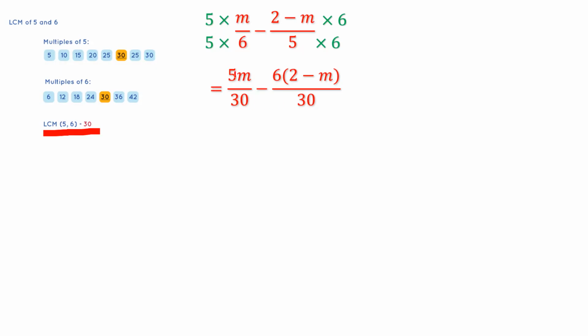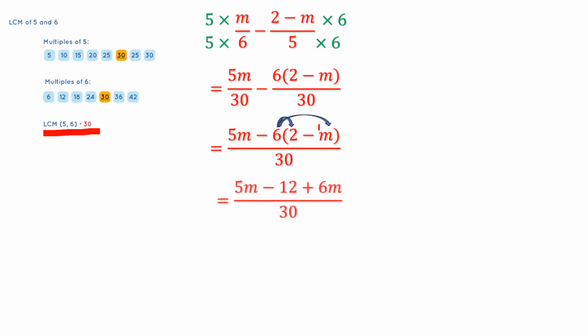5 times m is 5m. And 6 times 2 minus m is 6 times 2 minus m, like that. We can combine the two fractions, and we multiply negative 6 by 2 and negative 6 by negative m. So what is negative 6 multiplied by 2? That's going to be negative 12.